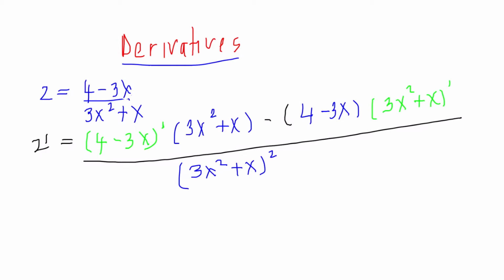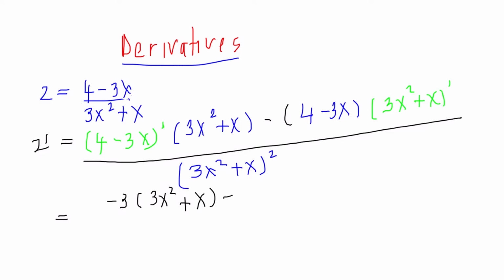Now we are going to find the derivatives of the functions. Here, for 4 minus 3x, the derivative is just minus 3, and I multiply it with 3x squared plus x.